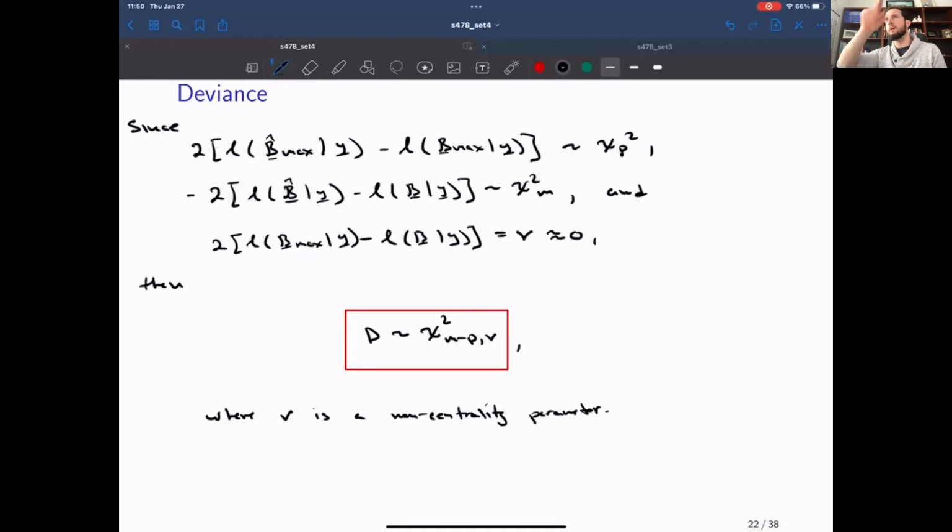So the chi-square is a right skewed distribution, and the non-centrality parameter looks like it also controls the shape.